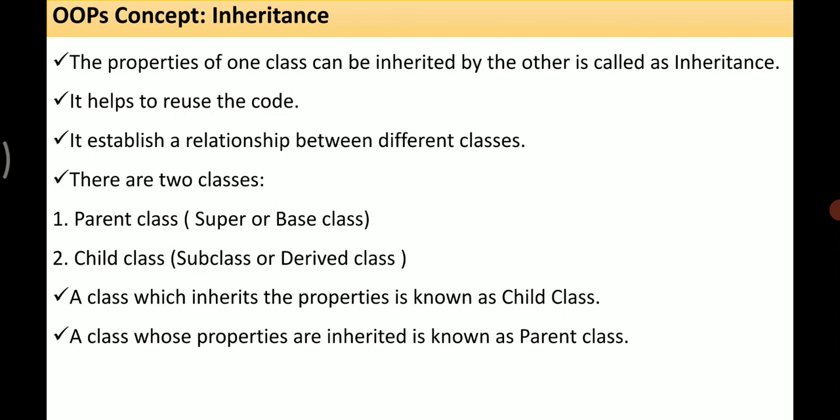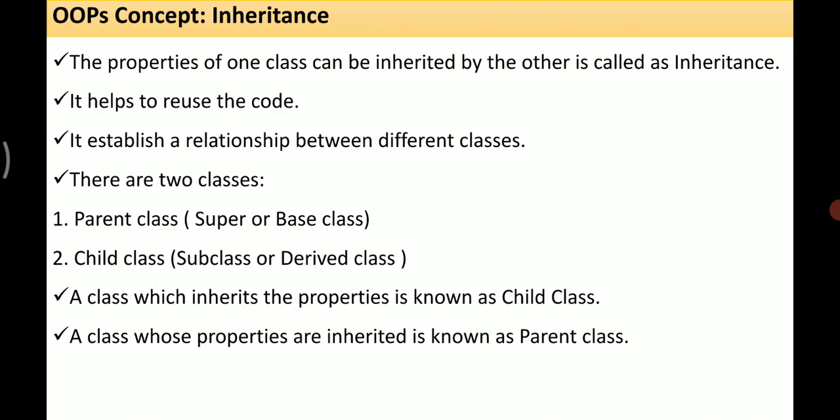First a class is derived from one class, and from that derived class you derive another class. This type of inheritance is called multi-level inheritance.